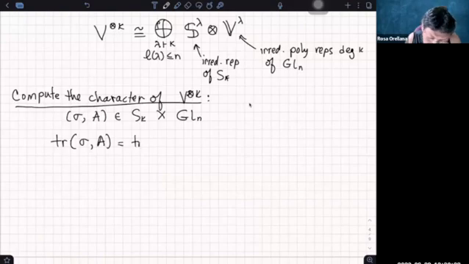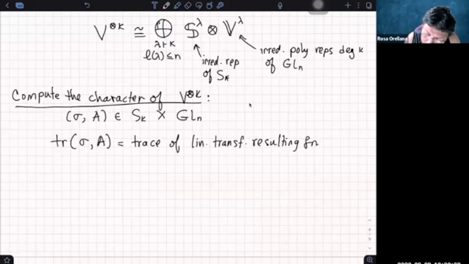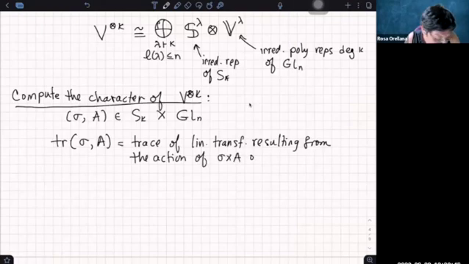So this is going to be the trace of the linear transformation resulting from the action of (σ, A) on the tensor power V^{⊗k}.